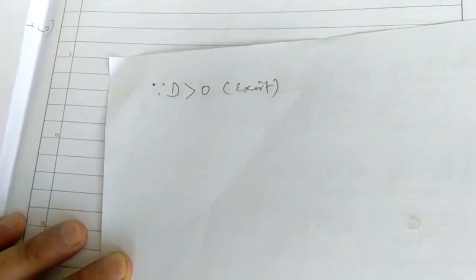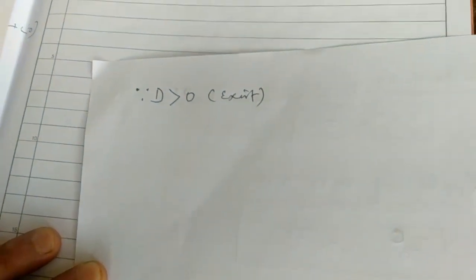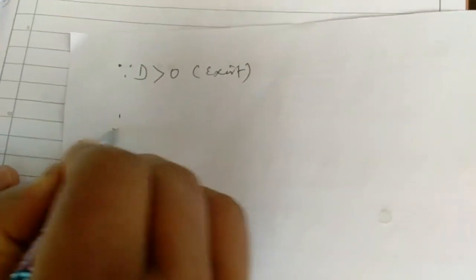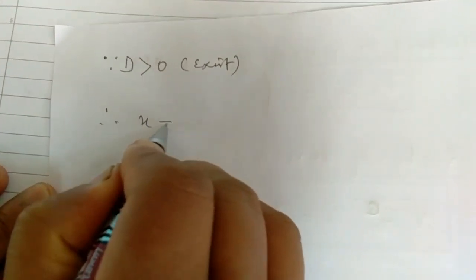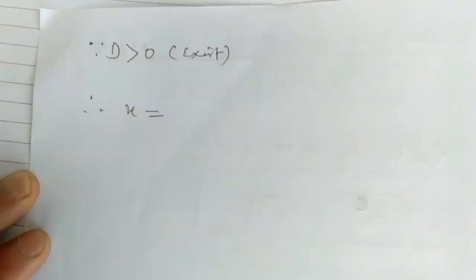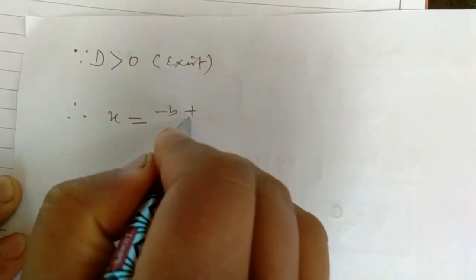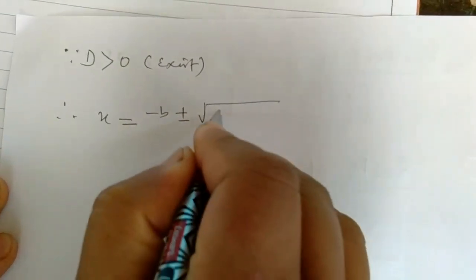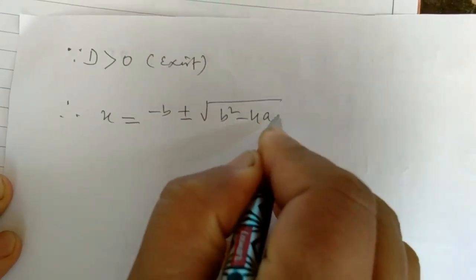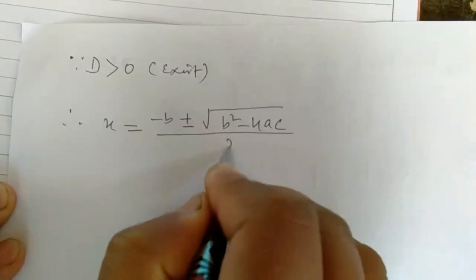Now to solve it by applying the quadratic formula. What is the formula of a quadratic equation? x equal to minus b plus minus root over b square minus 4ac, by twice a.